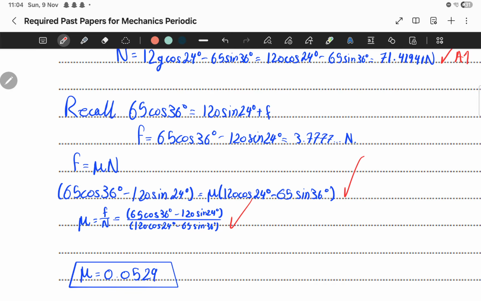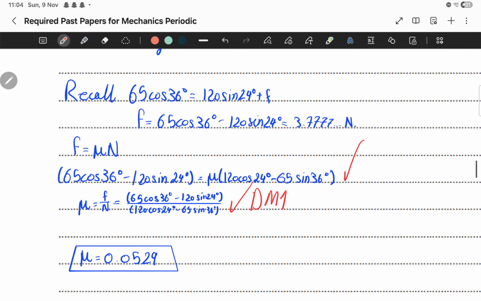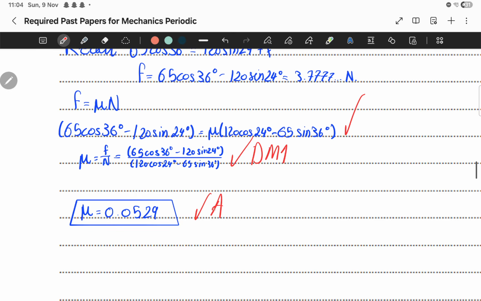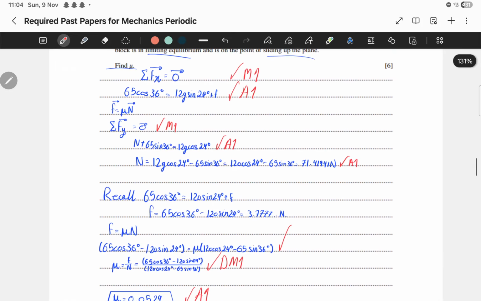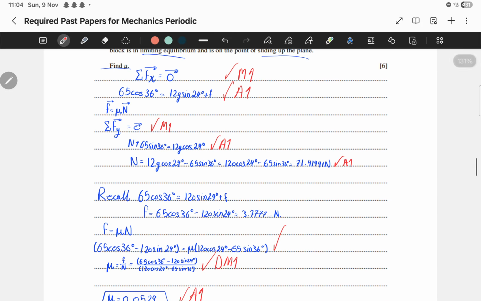So yes, DM1, and then this is A1. So how did I get 7 marks? Attempt at resolving the plane. Yes. Oh wait, I think I put 2 A1s. Yeah, no, this is not supposed to be here. Oh, 6 out of 6.